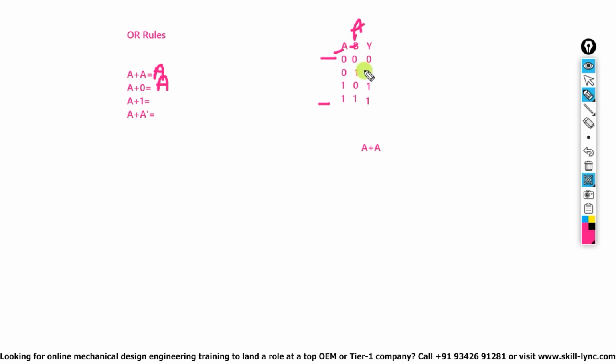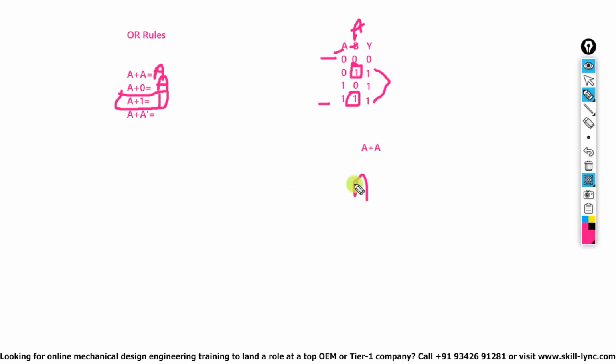This means either this case or this case, and in both cases you are getting 1 only. That's why 1. This is a very important formula: whatsoever the expression is, if you are just adding 1, you are getting 1.